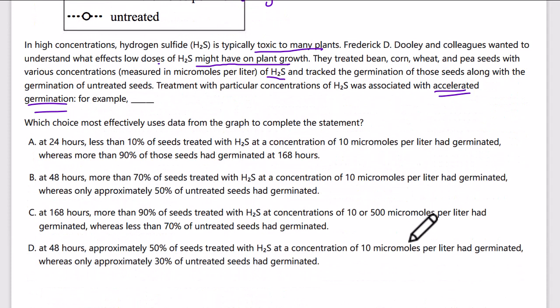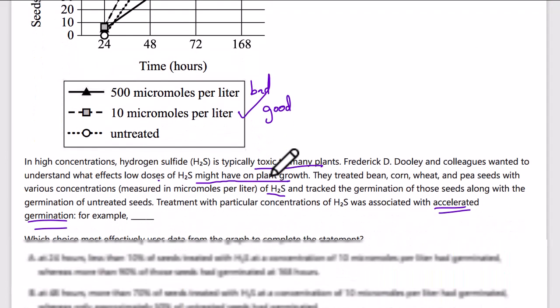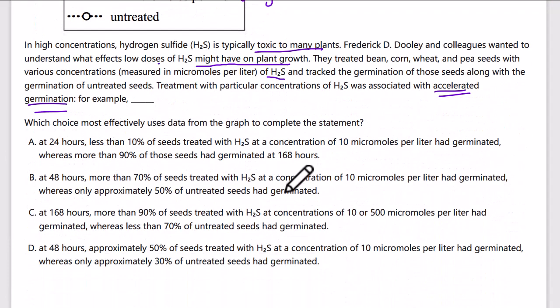A: at 24 hours, less than 10% of seeds treated with hydrogen sulfide at a concentration of 10 micromoles per liter had germinated, whereas more than 90% of those seeds had germinated in 168 hours. All this says is that over time, there's more germination. That doesn't really answer the question of the claim.